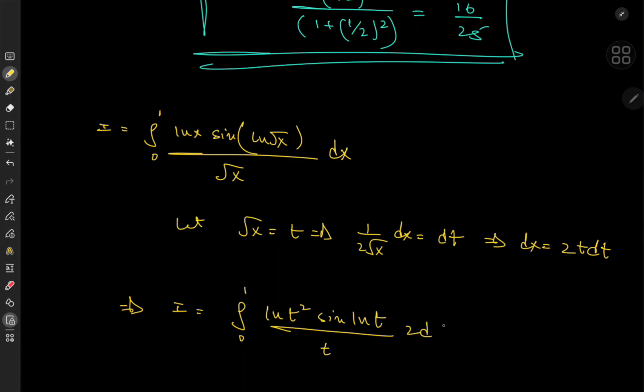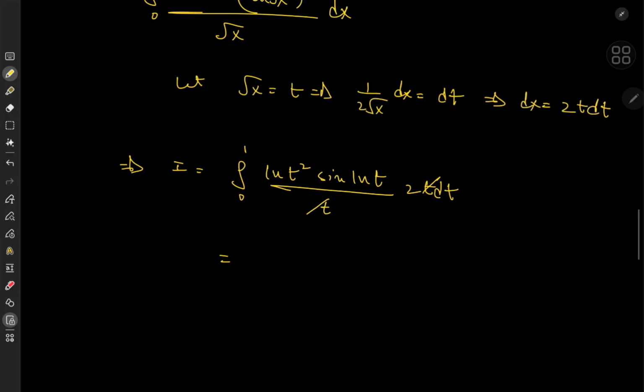So we have 2t dt, which results in some more cancellation. Log t squared, that is 2 times log t, so we have 4 times the integral from 0 to 1 of log t times the sine of log t, which does look pretty dope.